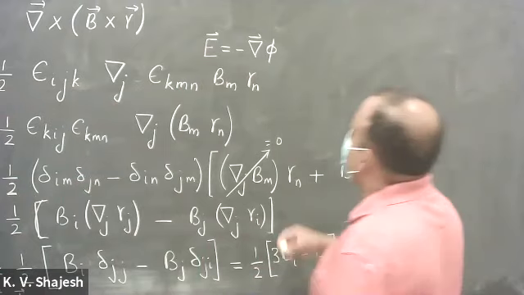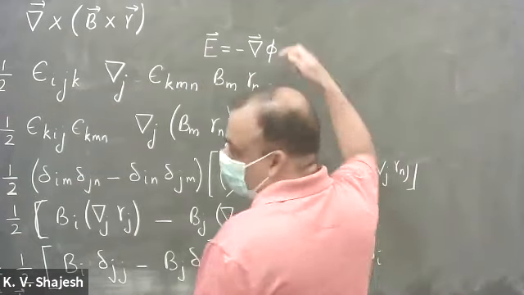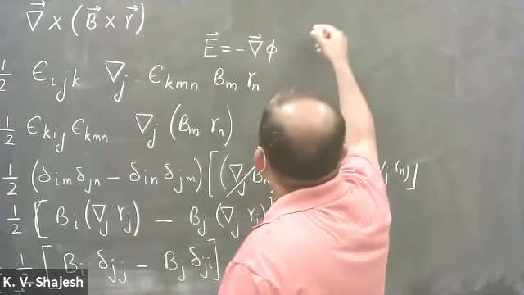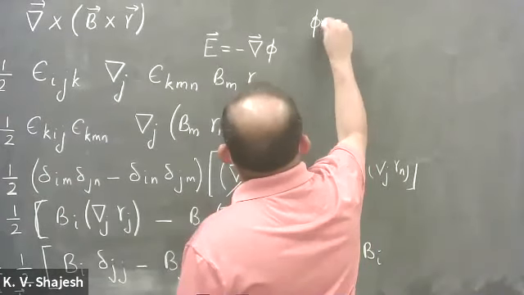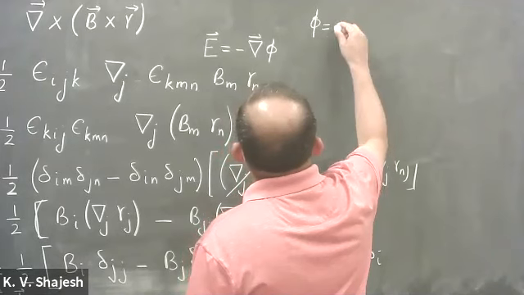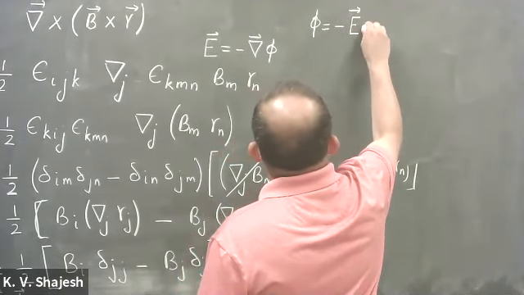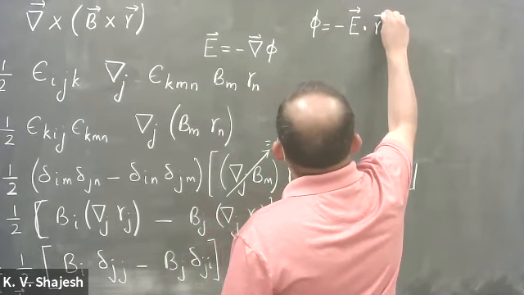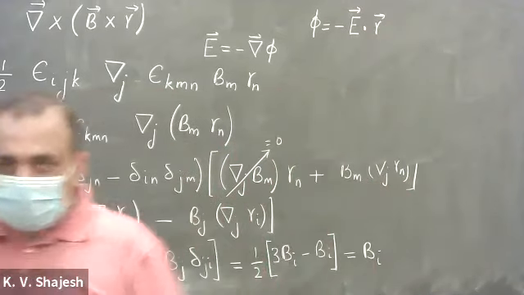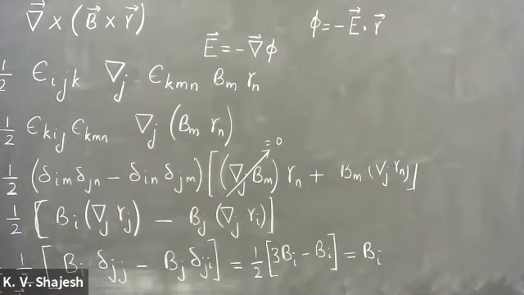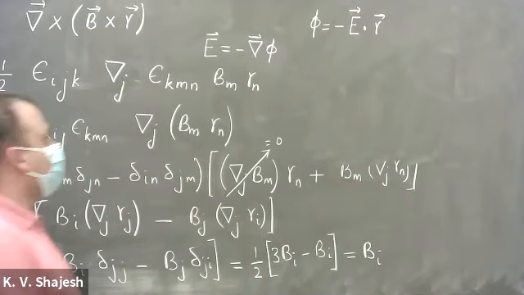So it turns out that if you were to have phi, like here, phi is equal to, let's say, minus E dotted with r. That's not clear how it works out exactly.